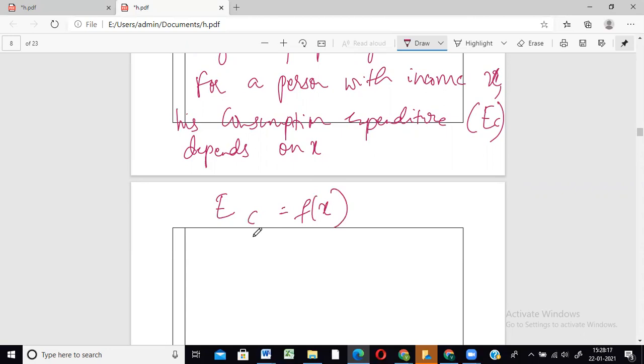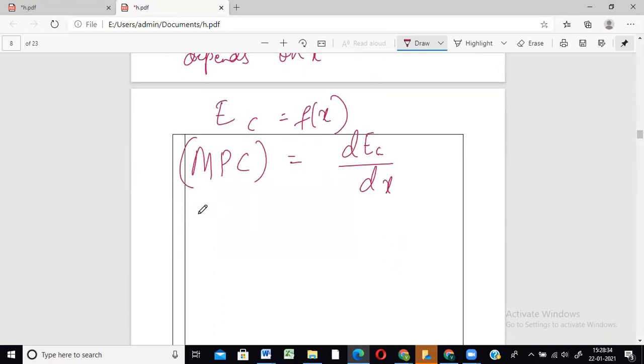So marginal propensity to consume, denoted using MPC, has the formula: you differentiate that expenditure with respect to X, with respect to income. So that's the formula. The next one is average propensity to consume. Now all these formulas are kind of similar.